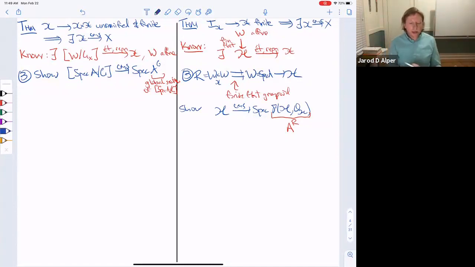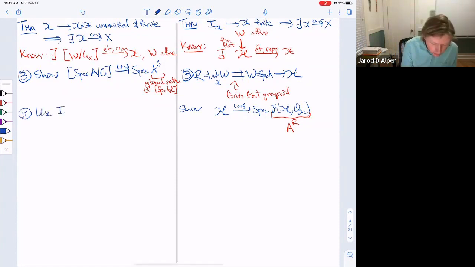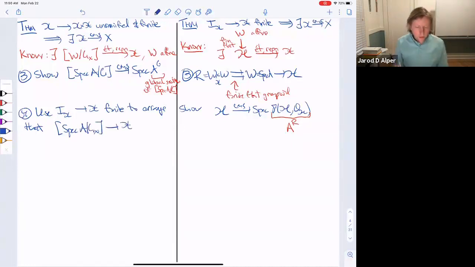Right, so that was the local case on both sides. And then we needed to use the finiteness of the inertia. So the fourth step was to use that the inertia is finite to arrange that these local quotient presentations not only preserve the automorphism groups at the particular points, but preserve all stabilizer groups.